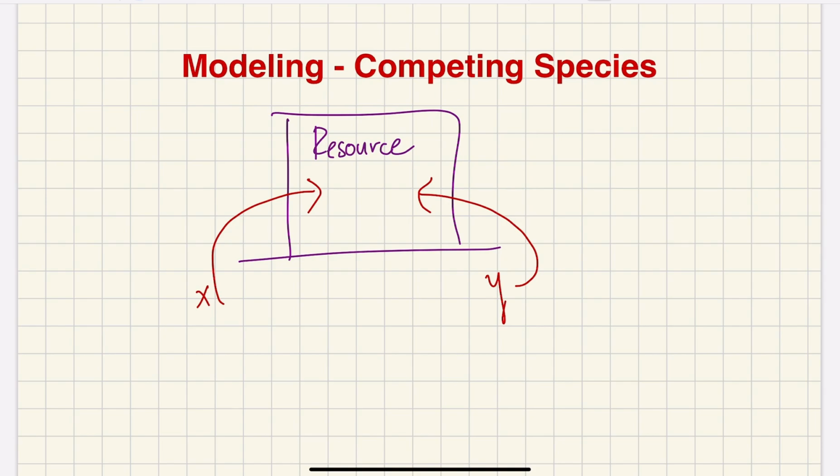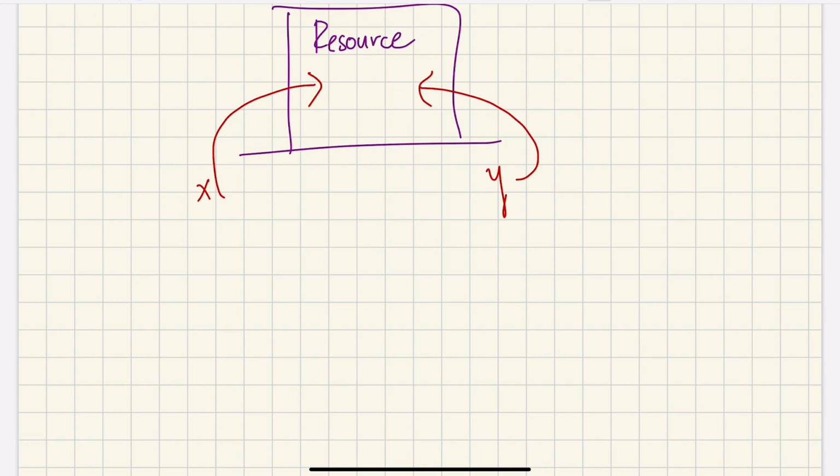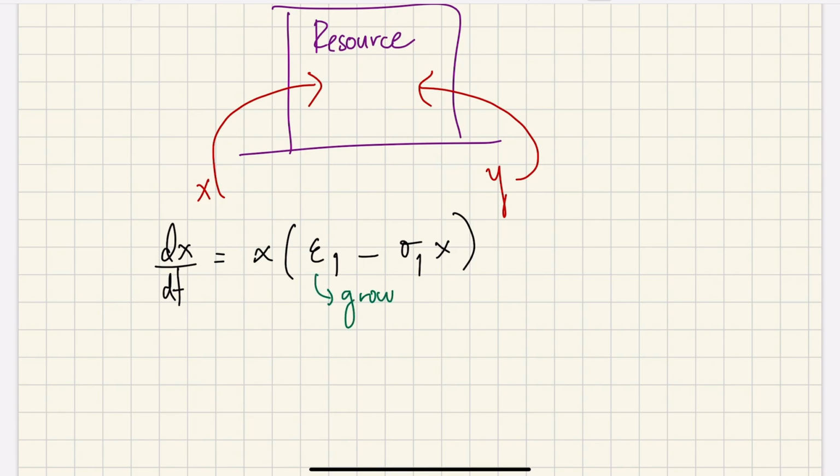We assume the population of each species is governed by the logistic growth equation to which we will add a factor. So a logistic growth equation for x would be dx/dt = x(epsilon 1 - sigma 1 x), where this is the growth rate of x and this is x decreasing food by eating it.